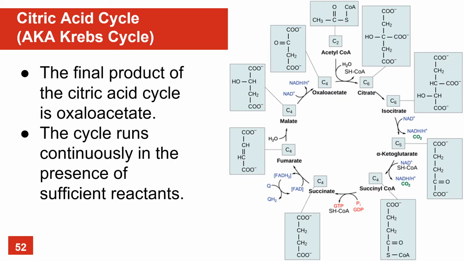So the final product of the citric acid cycle is oxaloacetate. The cycle runs continuously in the presence of sufficient reactants. The key point is that this is a cycle, so we remake what we started with. We have 2 carbons coming in. We lose 1 as CO2, and every time we lose a carbon, we get electrons into an electron carrier.